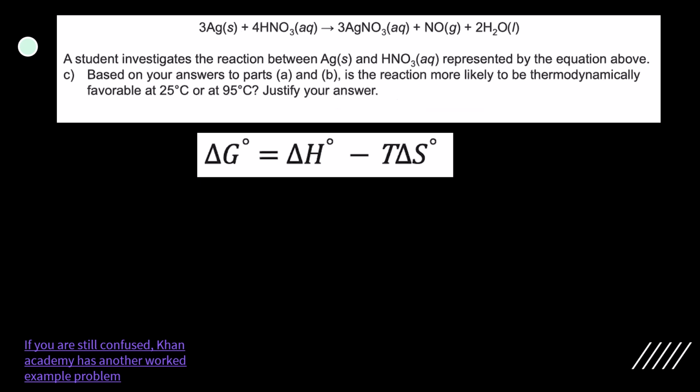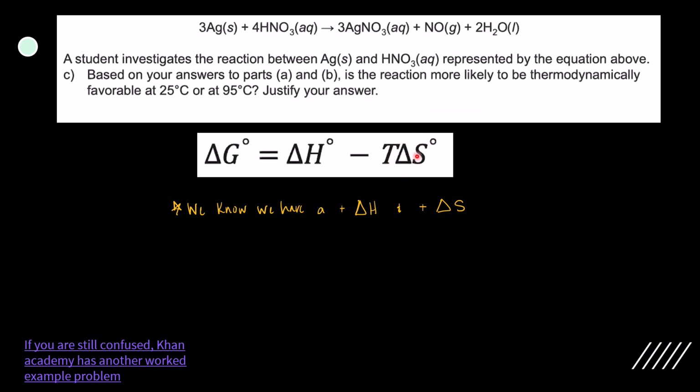Previously, we found that we have a positive delta H and a positive delta S. So if you look here, we have a positive delta H, which is bad, okay? We want this delta G to be negative. So if this positive delta H is there, what we need is for this to be as big as possible so that when we subtract it, it overcomes this positive delta H.